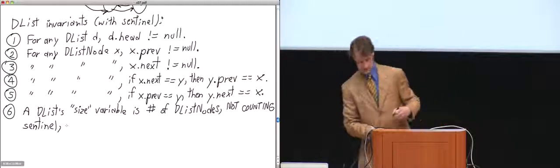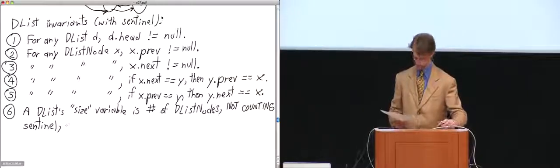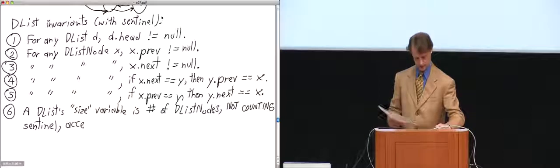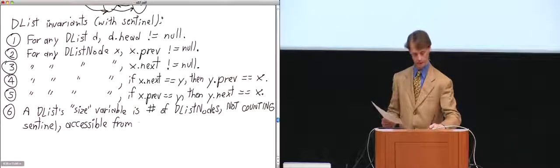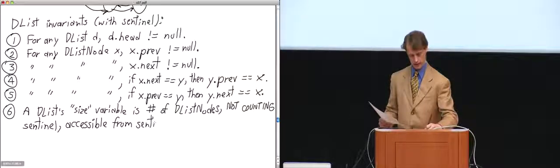And so it's the number of D-list nodes that can be accessed from the sentinel by a sequence of next references.